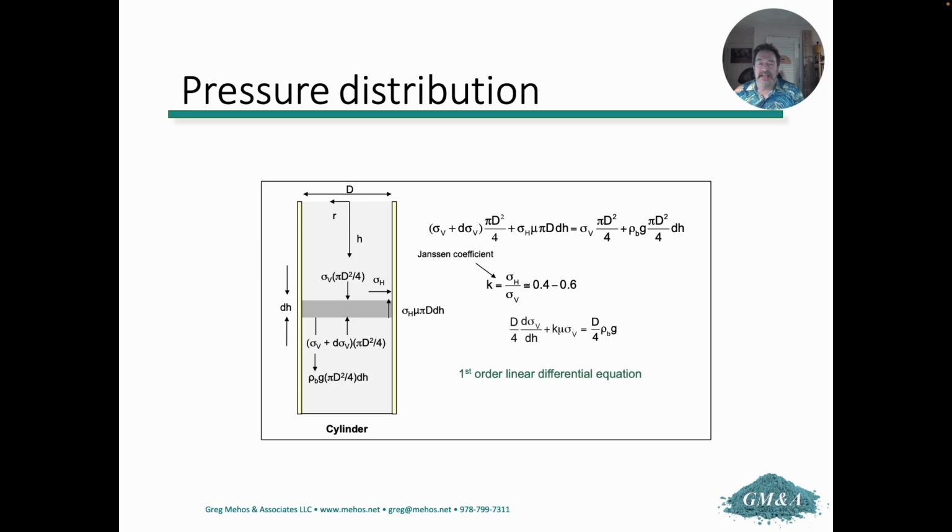And all we need to do now is substitute sigma h by K times sigma v, and with some simplification we get a first order linear differential equation. And everybody here knows what the answer is. You know how to solve a first order differential equation.